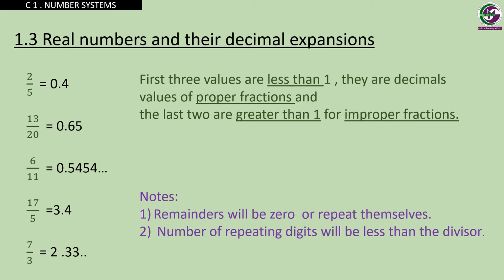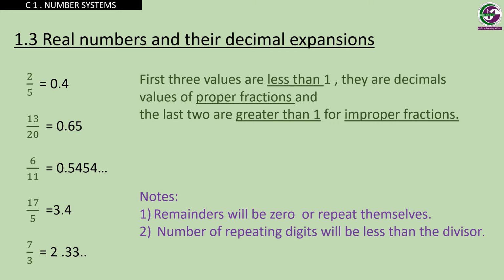Now, in rational numbers, we can rewrite the fraction in the form of a decimal, and this decimal will be of two forms. Either it will end after a few digits, or it will repeat with a special pattern. Okay, so look at this first example. 0.4, it is ending.